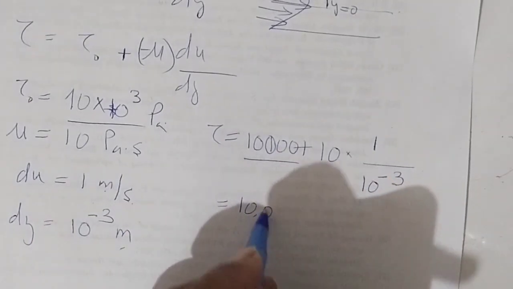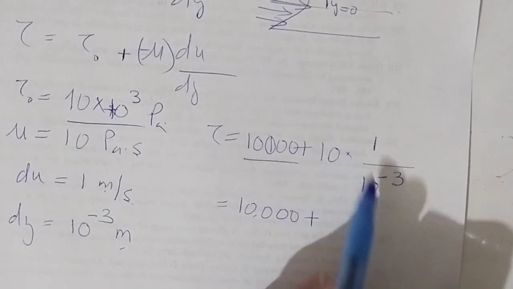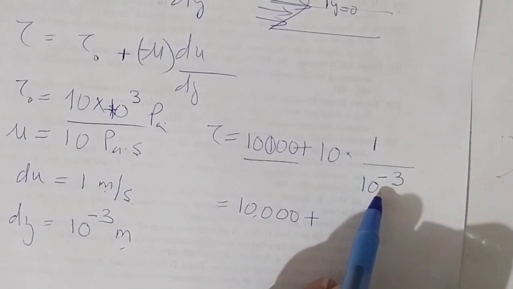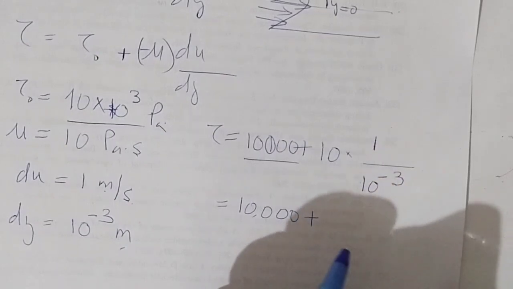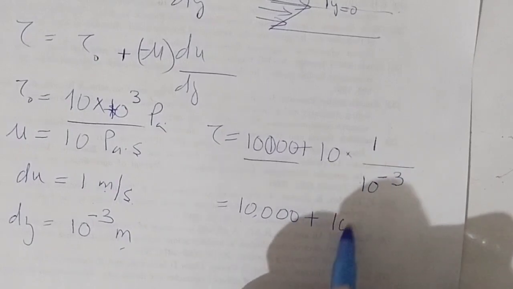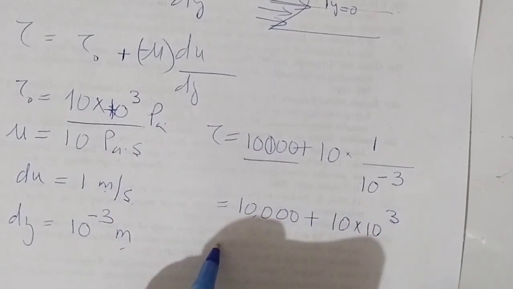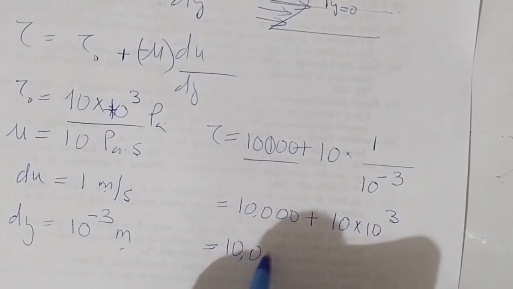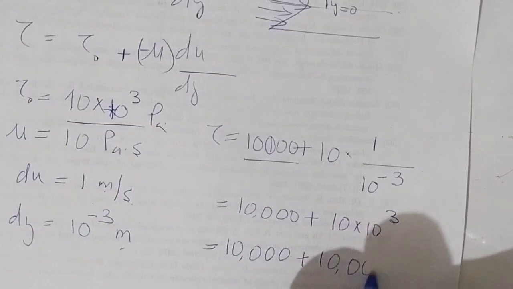So 10,000 plus now 10 into 1 by 10 raised to minus 3. So when it goes up, it becomes 10 raised to plus 3, and 10 into 10 raised to 3 becomes again 10,000.